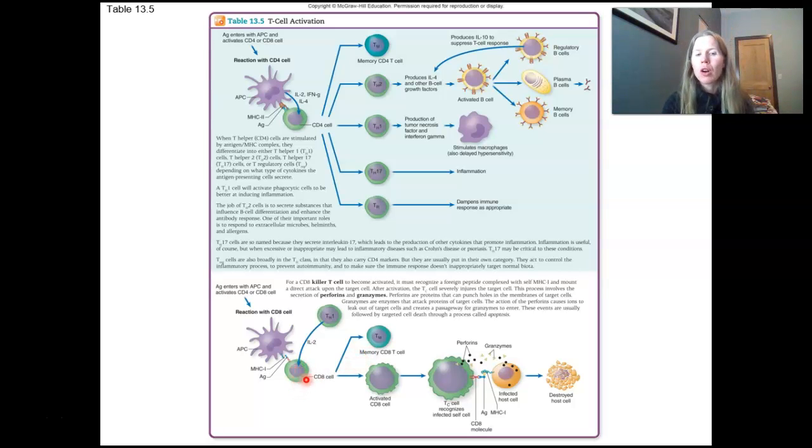Some cytotoxic T cells clone themselves the same way. Some remain memory cells, and some become activated. Their job is to check all the nucleated cells in the body. They're not just checking antigen presenting cells like helper T cells were. Cytotoxic T cells check every cell in the body.